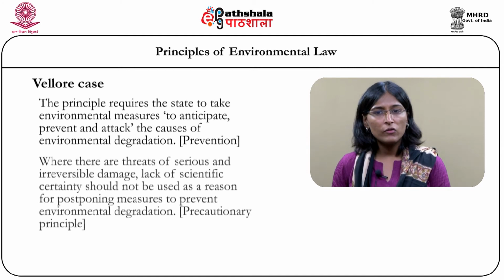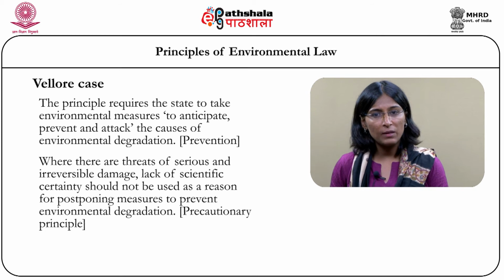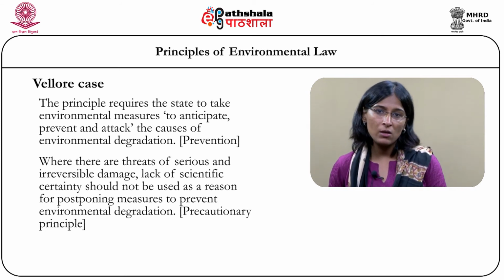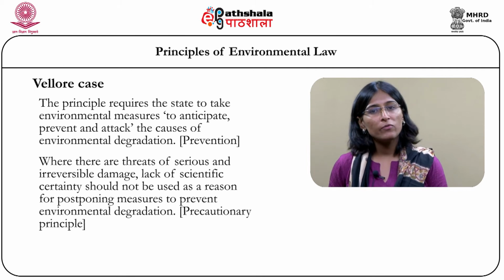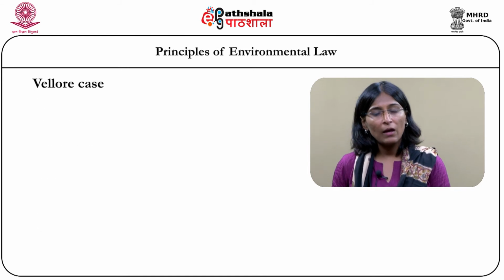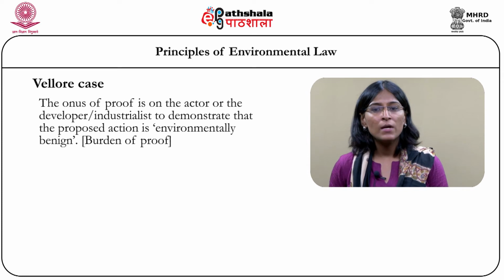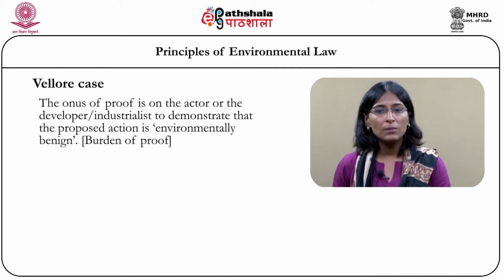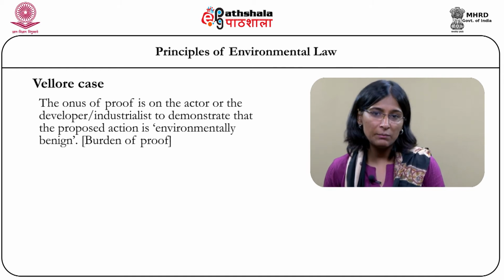Second, where there are threats of serious and irreversible damage, lack of scientific certainty should not be used as a reason for postponing measures to prevent environmental degradation. And third, in terms of burden of proof, the onus of proof is on the actor or the developer or the industrialist to demonstrate that the proposed action is environmentally benign.